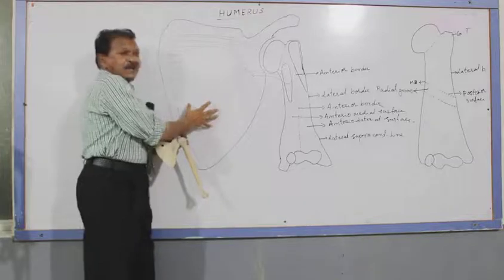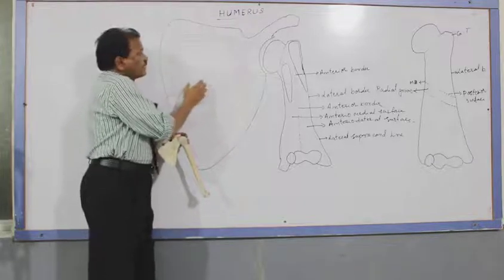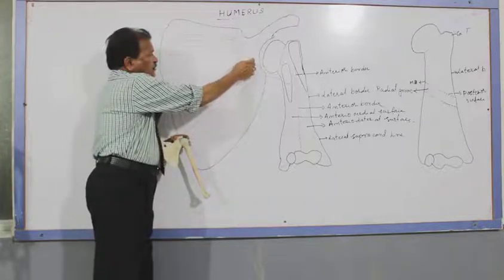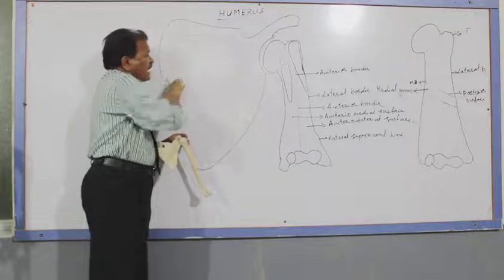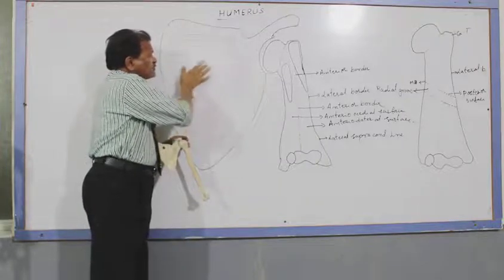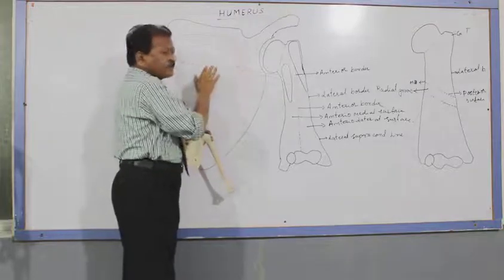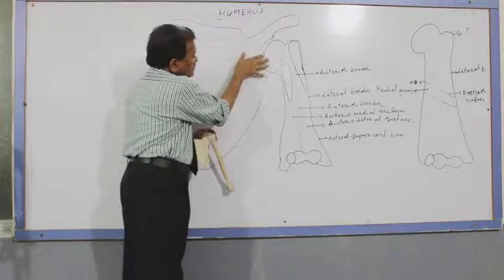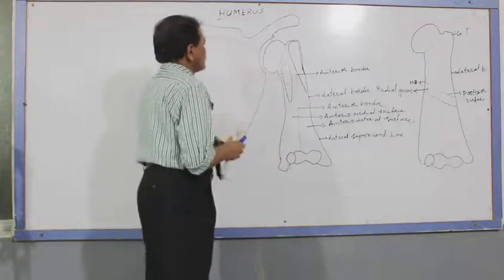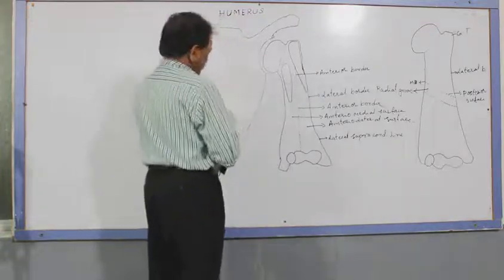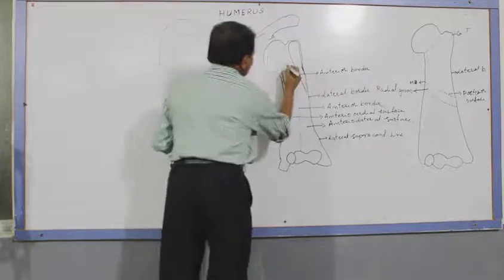It arises from the subscapular fossa up to the root of the glenoid cavity. These fibers move like this and are inserted into the lesser tubercle of the humerus.